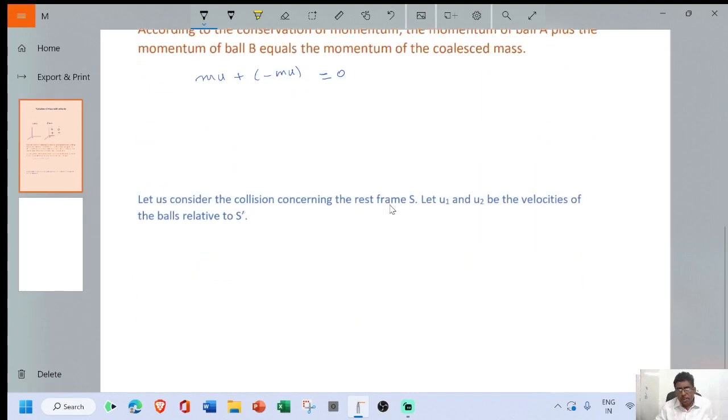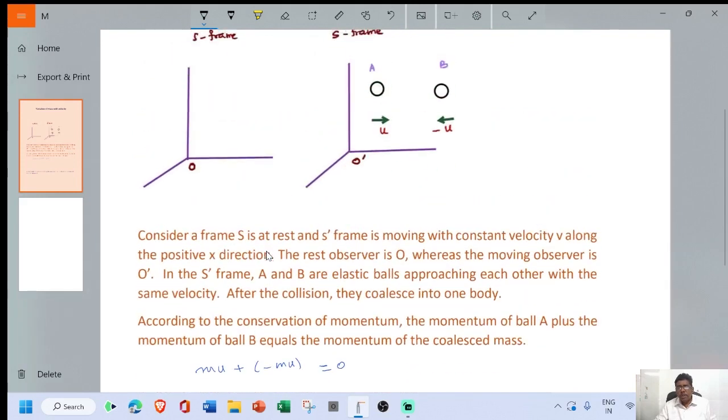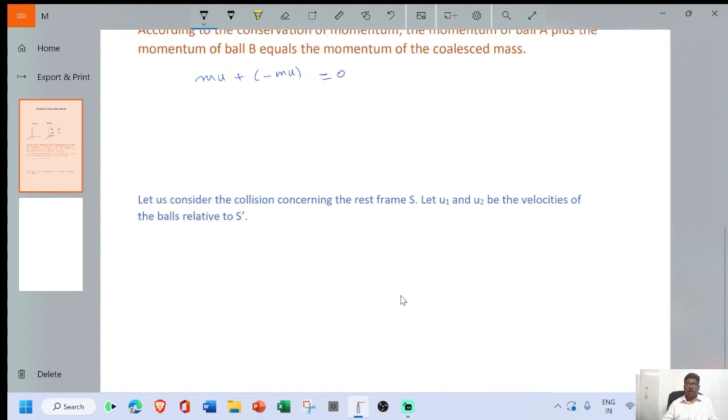That means for the observer O, let u1 be the velocity of the ball A and u2 be the velocity of the ball B. The value of u1 is equal to u plus v divided by 1 plus uv by c square, whereas the value of u2 is equal to minus u plus v divided by 1 minus uv by c square.